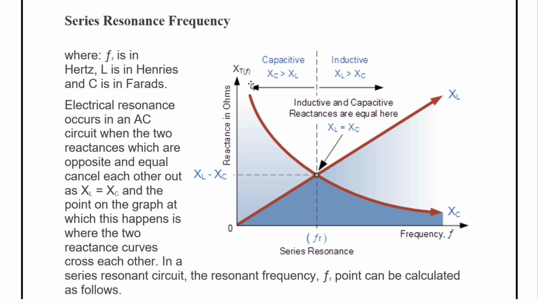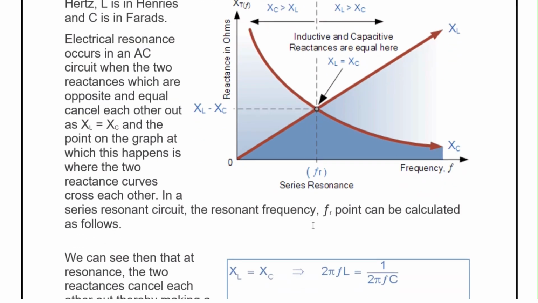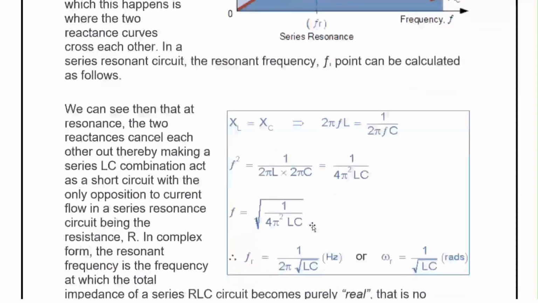So this area is capacitive. On the right side, you have the inductive area. So the total reactance of the circuit is going to be inductive in this area and capacitive in the left side. That is the behavior of the RLC circuit.